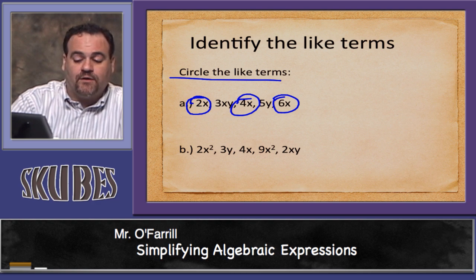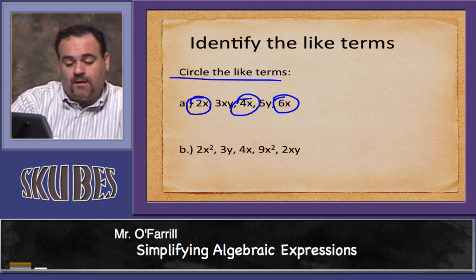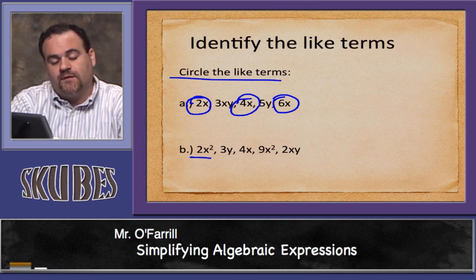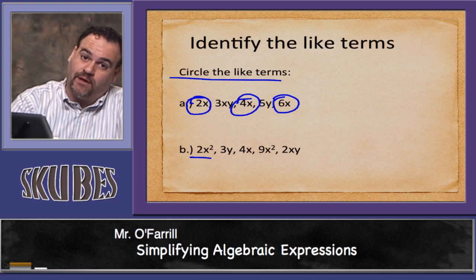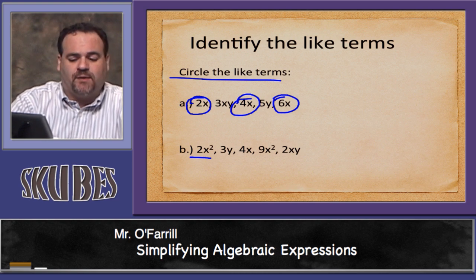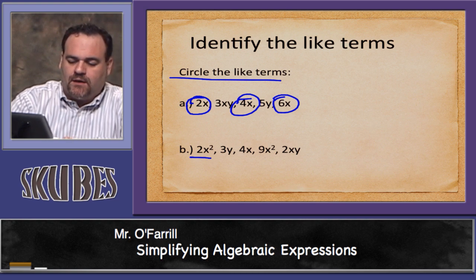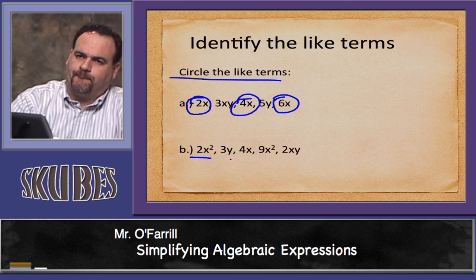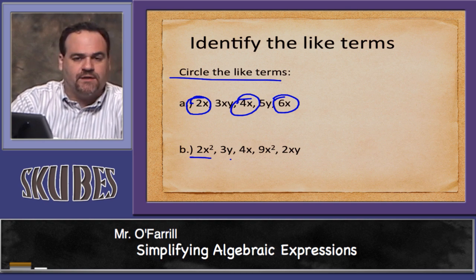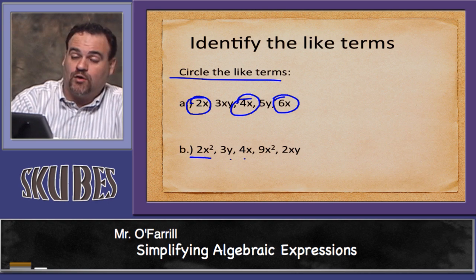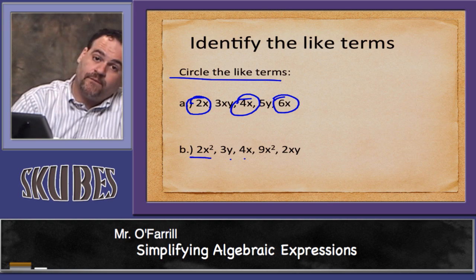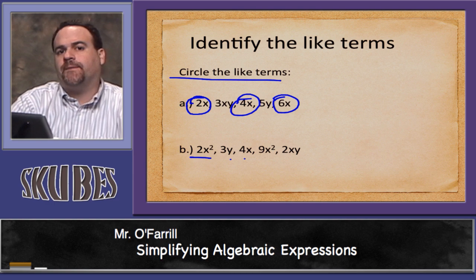Let's do the same thing with this next problem. Looking at the first one, it's similar to that one, but this isn't an x term, it's an x squared. So that's what I want to start by comparing to. 3y, it's a different letter altogether. We know that one's not right. How about 4x? Is 4x a like term with 2x squared? Are the exponents the same? No, they're not.